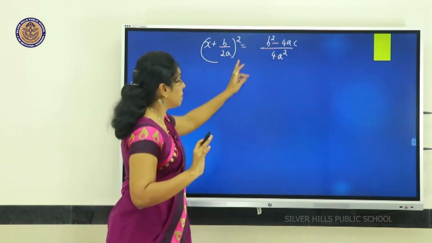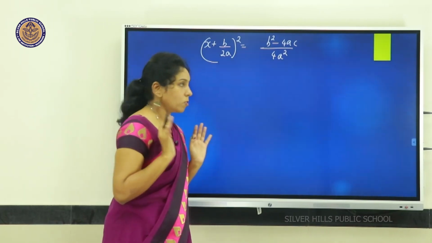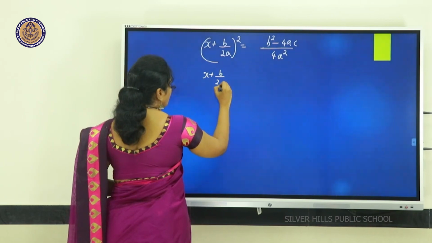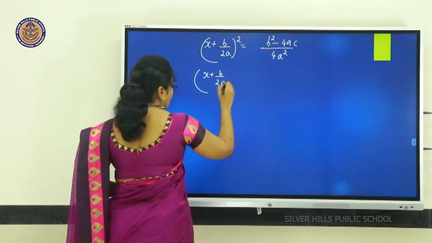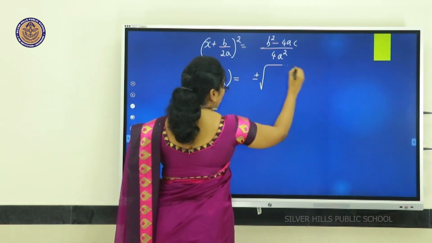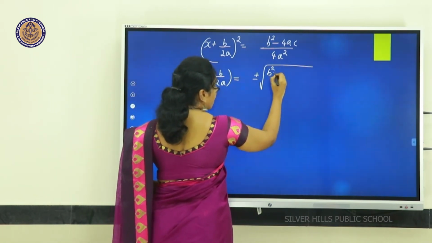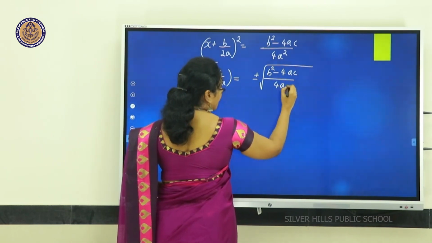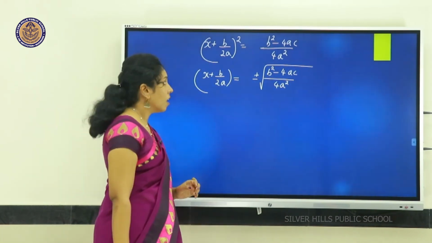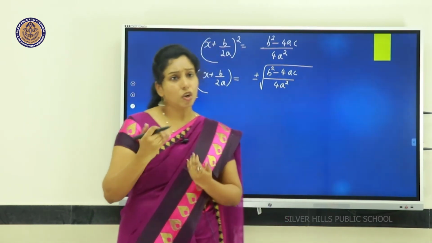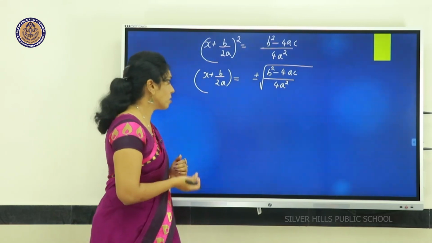Just assume b square minus 4ac is positive. So I get x plus b by 2a can be written as plus or minus root of b square minus 4ac by 4a square. Now root a by b, I can always write it as root a by root b provided a and b are positives.